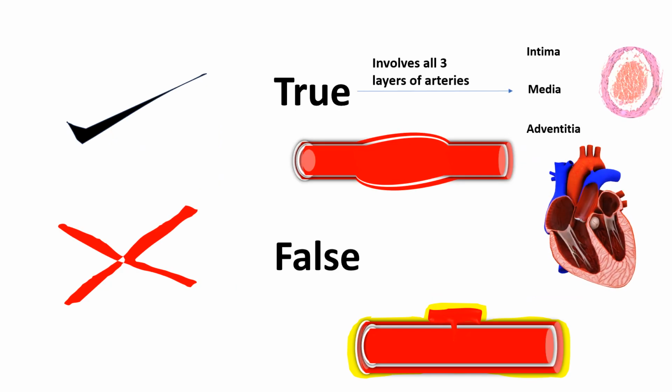Aneurysms can also be classified as true aneurysms and false aneurysms. What do we mean by true aneurysms? We know that aneurysm is an abnormal dilation of the blood vessel. So in this dilated part, all the three parts of the wall, that is the innermost layer, which is the intima, the middle layer, which is the media, and the outermost layer of the blood vessel, that is adventitia, they are all involved in the dilated part.